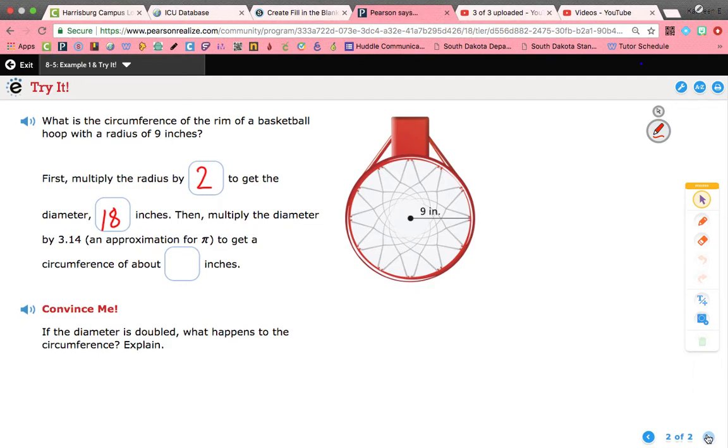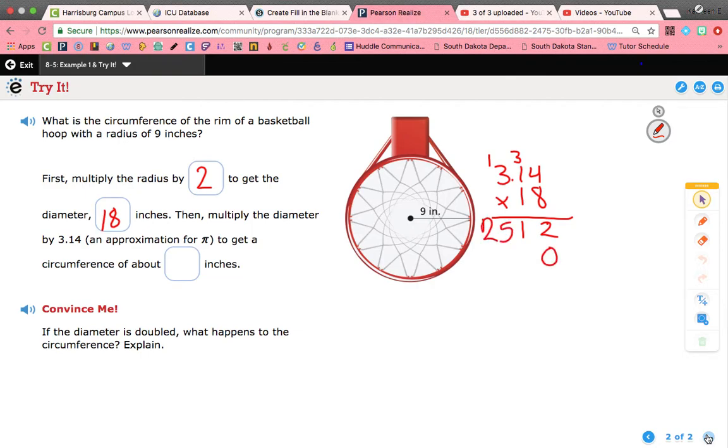So we have 18 times 3.14. If I'm multiplying by hand, I'm going to put the number with the most decimal places on top because then I have the fewest rows underneath. That's why I wrote it like that. So 8 times 4, 8 and 8 is 16, 16, 16 is 32. 8 times 1 is 8, plus 3 is 11. 8 times 3 is 24, plus 1 is 25.